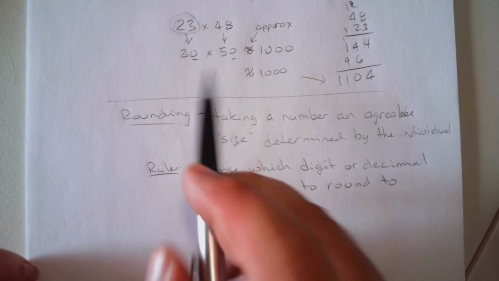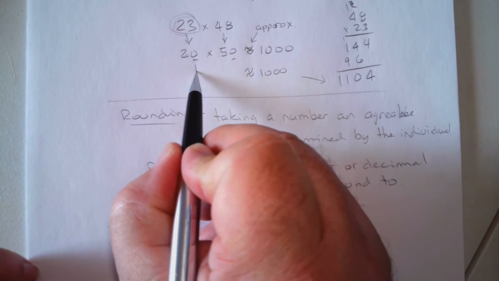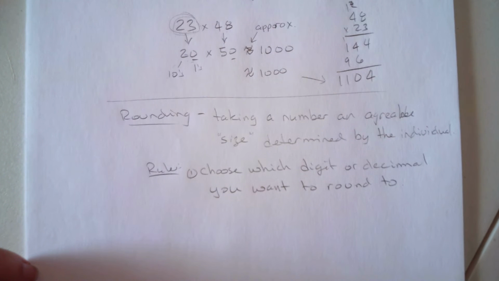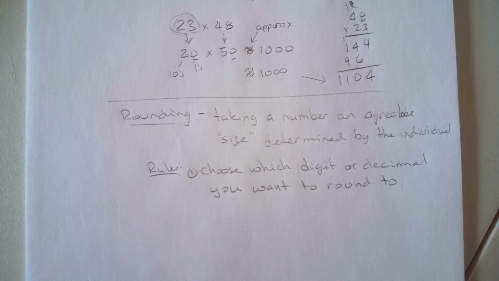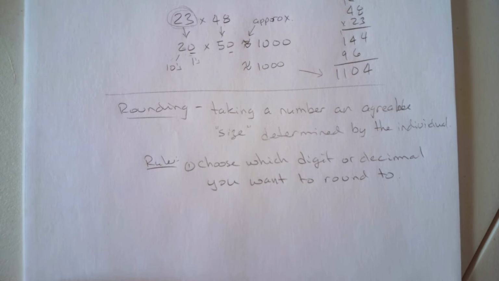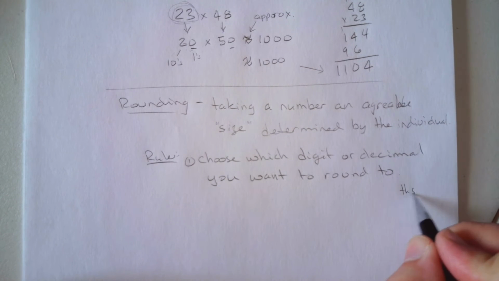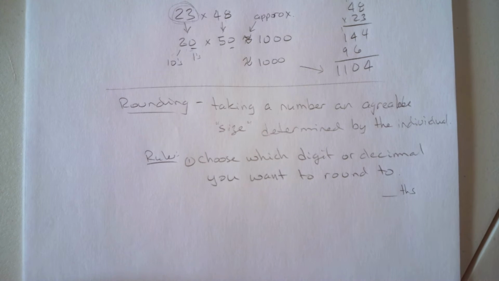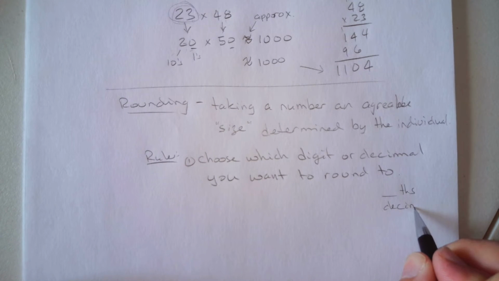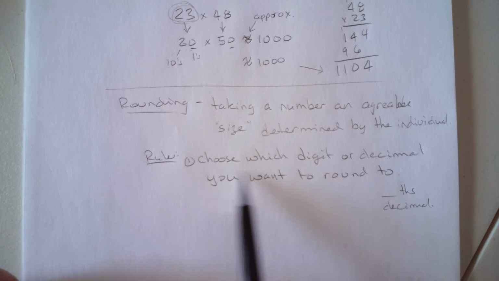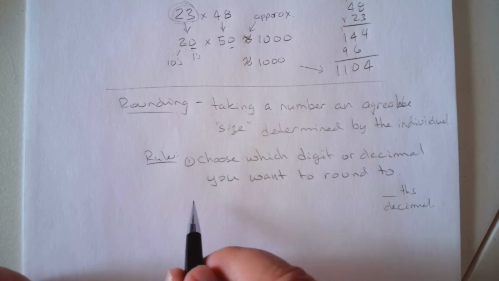It all depends, because here, this is the ones, this is the tens. I wanted to round to the tens. And if you have decimals, you have certain names for them: tenths, hundredths, thousandths. If it ends in TH, that's a decimal. We'll talk about that in a second. So choose a digit or decimal you want to round to.